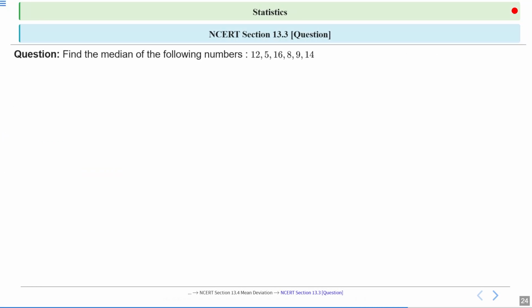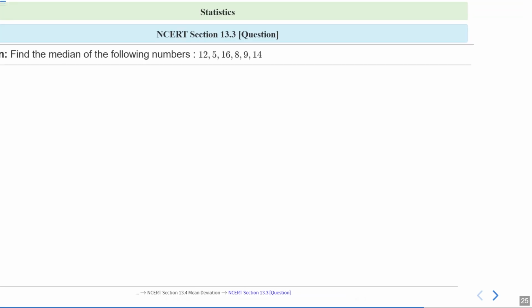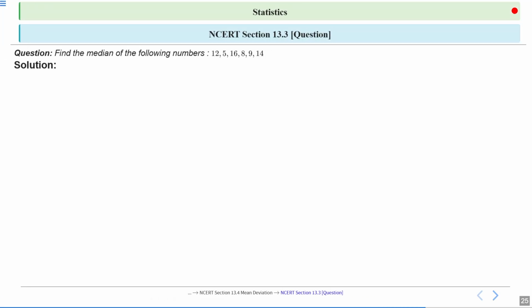Now, in this question, we have to find the median of the following numbers: 12, 5, 16, 8, 9, 14. So let's solve this question step by step.